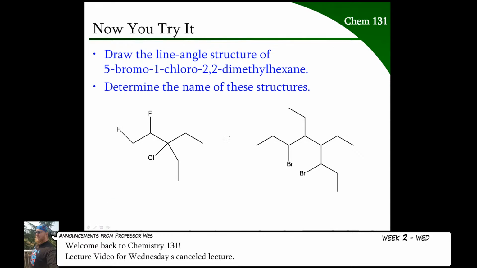Pen. Okay, so let's find the longest chain. Now, I want the first branch to occur on the lowest number. So obviously 1's going to go over here because this is the first carbon and I've already got this fluorine coming off of it. If I put 1 over here or 1 over here, the first branch wouldn't occur until 3.